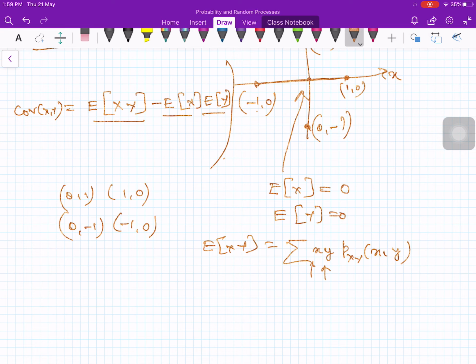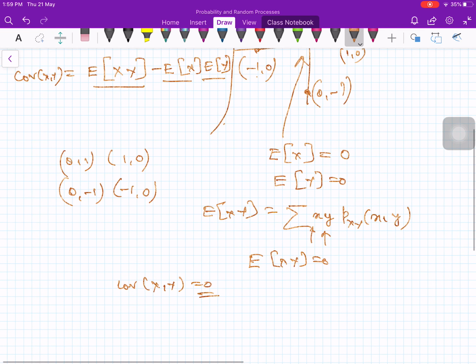When X is non-zero, Y is 0, and when X is 0, Y is non-zero. So they take complementary values. Therefore, xy is 0 for all possible values of X and Y, so E of XY equals 0, and therefore the covariance of X and Y equals 0.